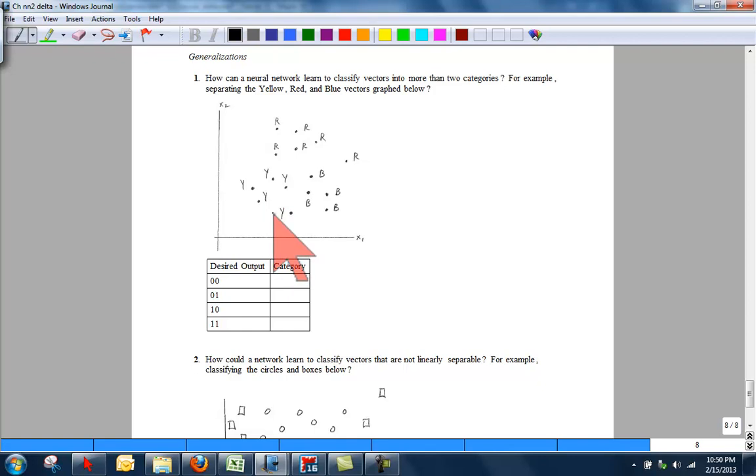Well, I can draw two decision boundaries if I want.